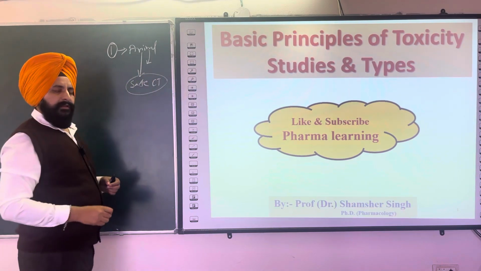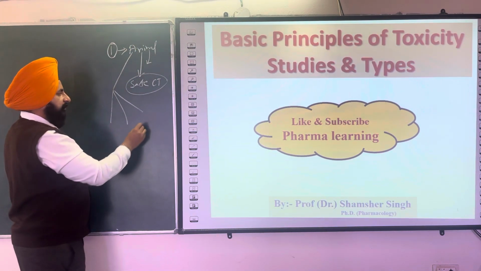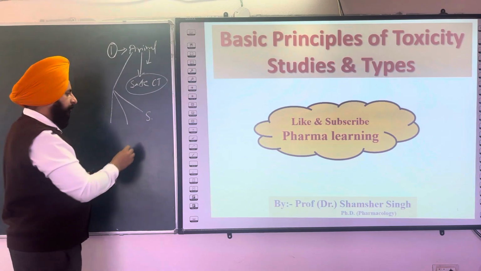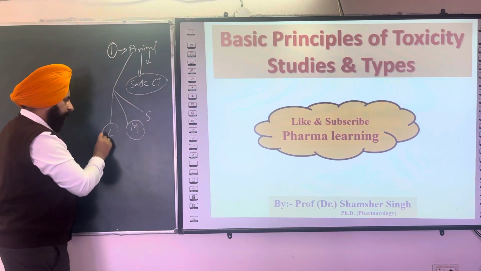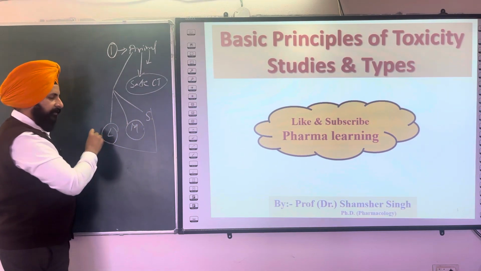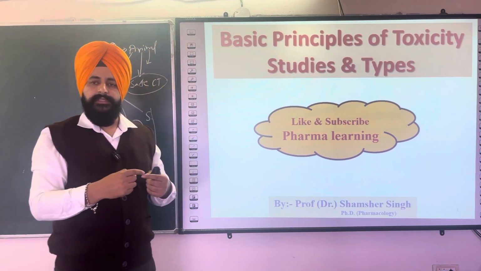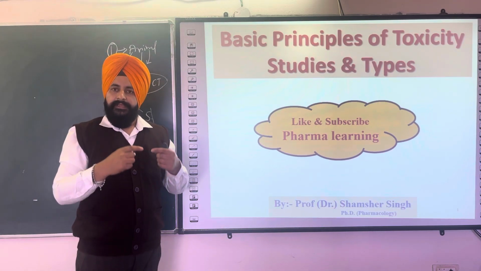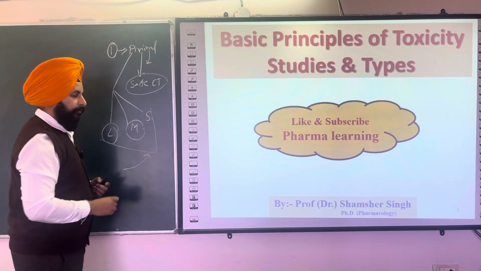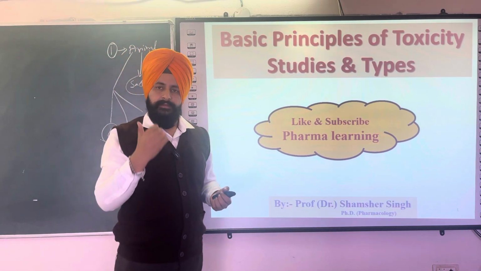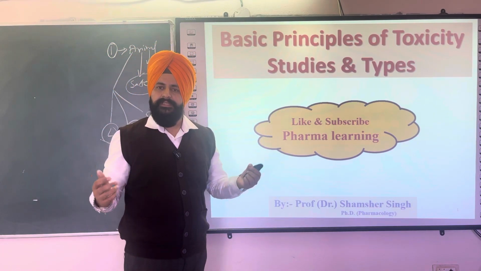The second thing: whenever we design short-term toxicity studies, acute type, medium, subacute type, and long-term chronic type, we assume that the number of days or weeks for which we do the toxicity studies in rodents are equivalent to humans, because we always give some drugs to humans for 1 week, 3 weeks, 2 months, 3 months, 1 year, like that.